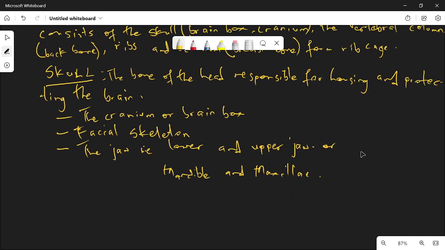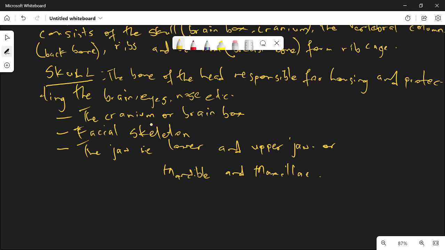We said that the bone of the head is responsible for housing and protecting majorly the brain, the eyes, nose, etc., including the ear. So now we talked about the parts of the skull.